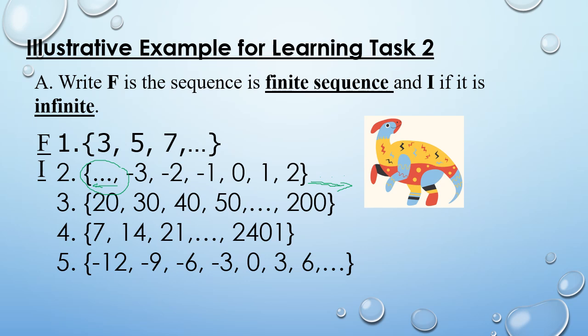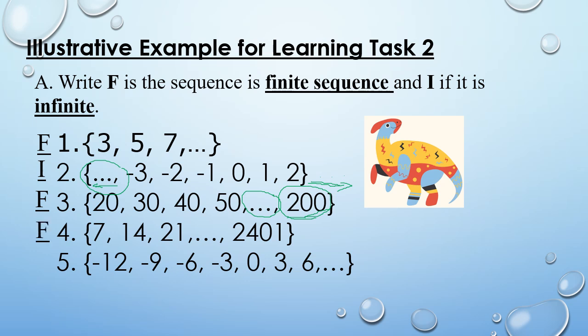Okay, next. Number 3. Okay, finite. Although meron tayong ellipsis dito, it just means na merong mga sequence in between 50 and 200 na nag-end sa 200. Okay, next, number 4.